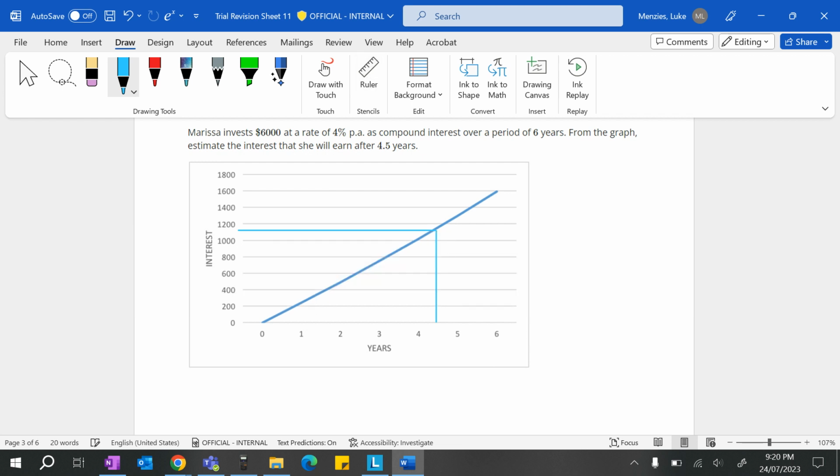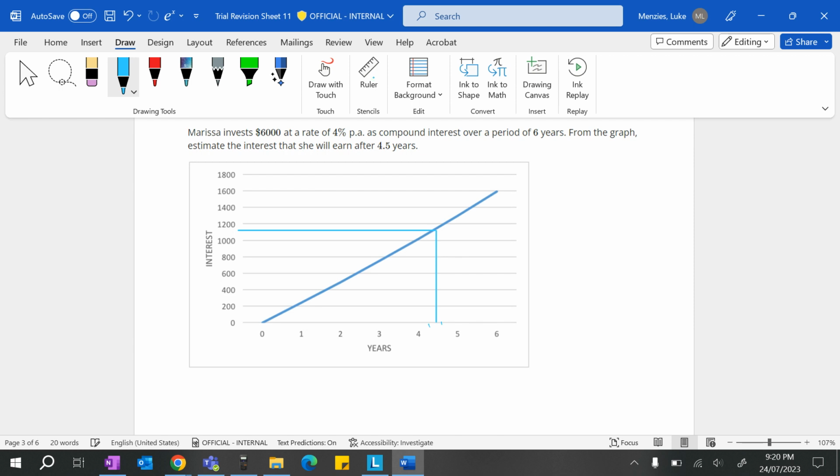Okay, because this is an estimate, there is a bit of wriggle room, particularly where you could have drawn your line slightly here, slightly here. Try to get in the middle. The markers will give you a bit of wiggle room, but the only thing I'd say is don't say that it's 1,200, don't say it's 1,000.